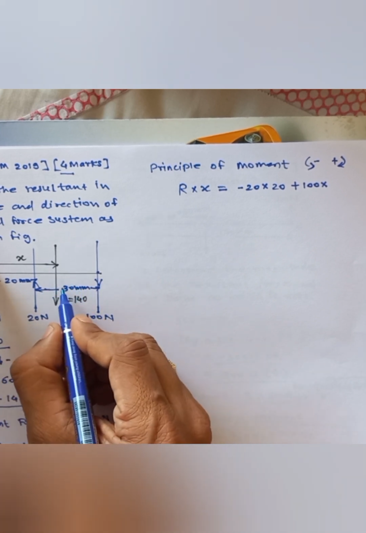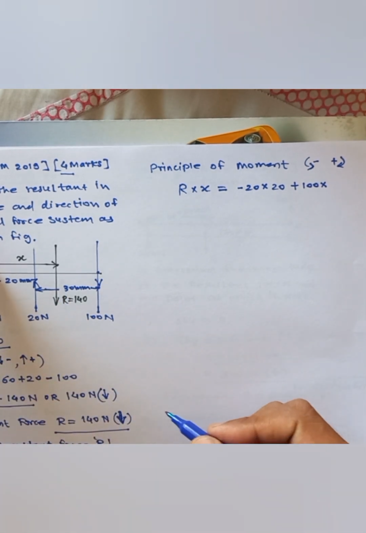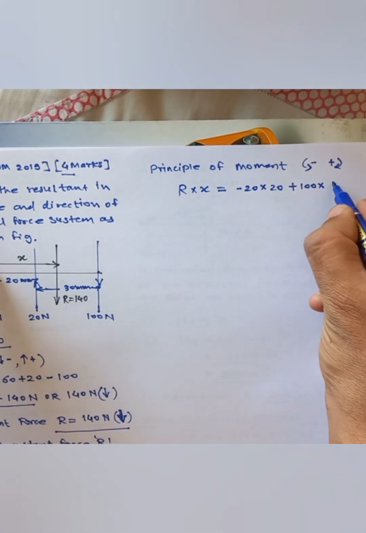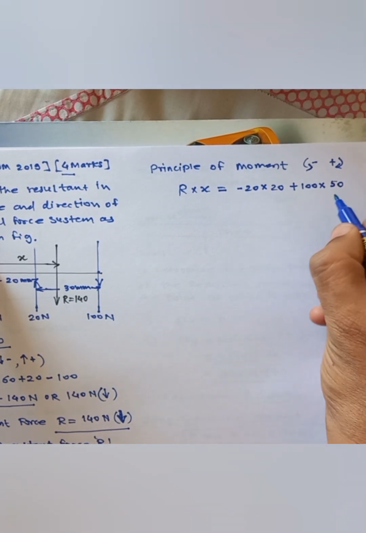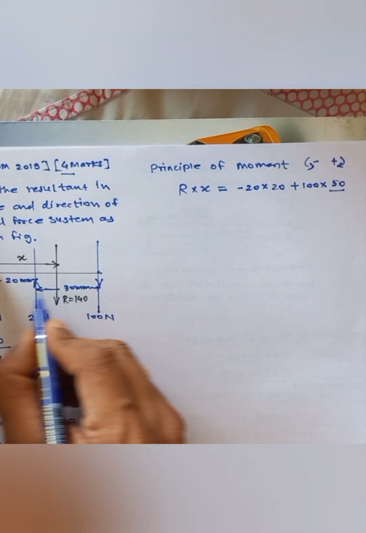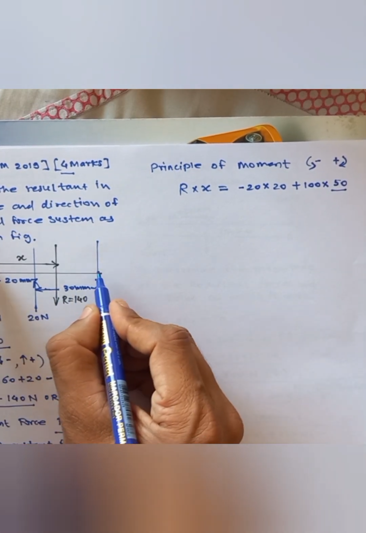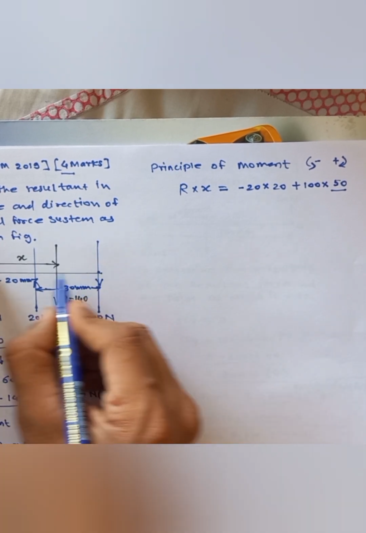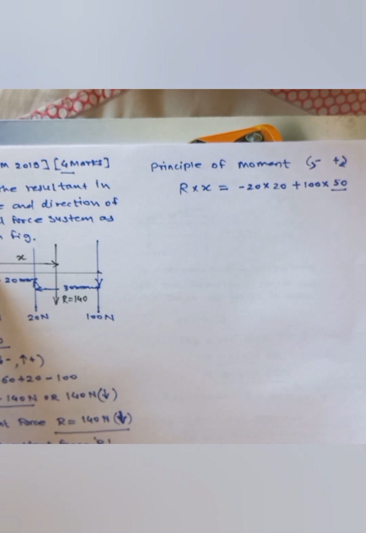They take simply a 30 mm distance and that is wrong. So 100 into 50. I have taken 50 mm because 30 plus 20 is 50. I want the distance of the force from the O point, so it is a perpendicular distance, and it is the addition of two distances.